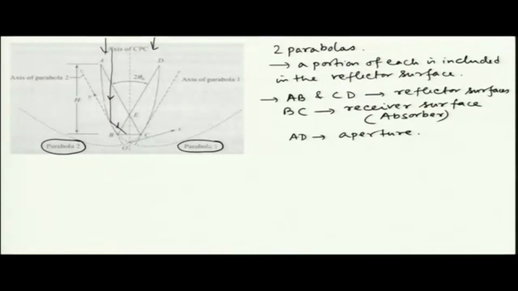So, this is the geometry, and here you see that AB portion of the reflector surface is from parabola 1, okay, and DC part of the reflector surface is from parabola 2, is not it.